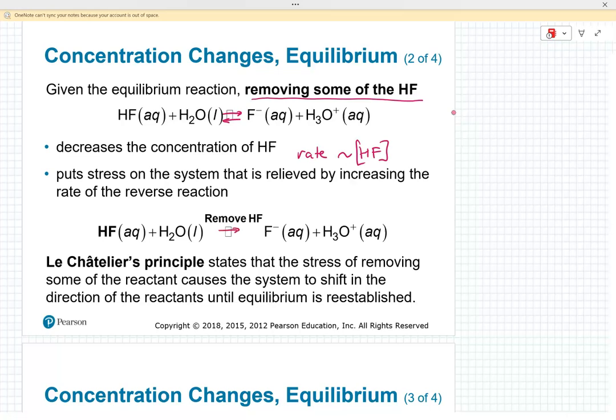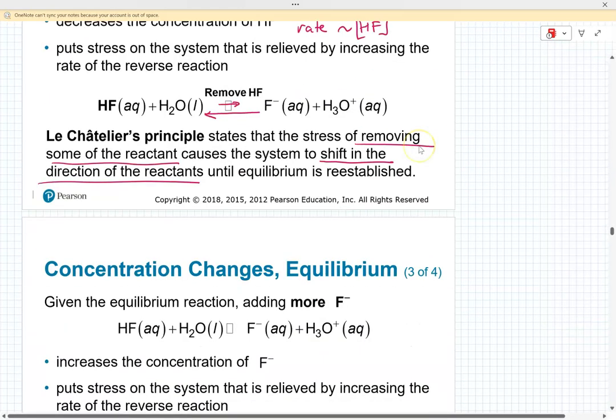So we're going to have slower reaction that moves forward, but faster reaction that goes back to the reactants. And if you remove some of the reactant, it shifts the equilibrium towards the reactants back. Okay? Make sense? Cool.